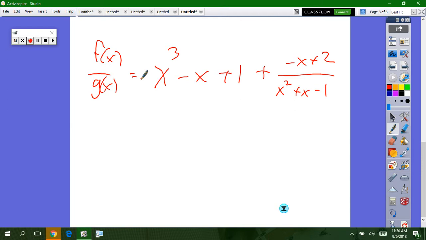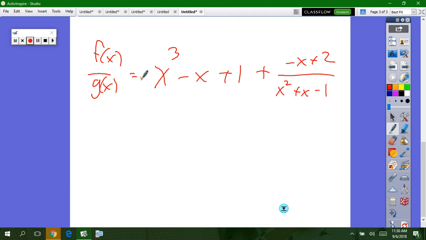Now the key thing is you'll notice I did the very first one with a linear divisor, didn't I? The second one I did with a quadratic. Could I use an x to the fourth on long division? I could.